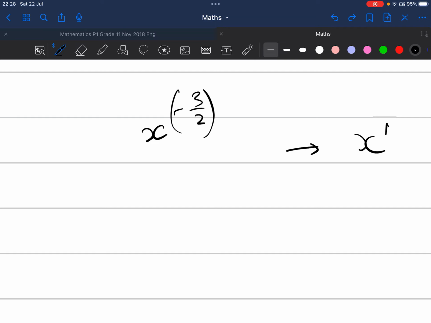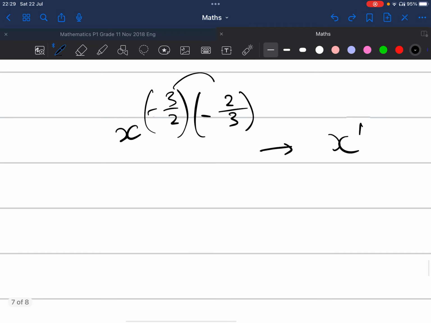Now to make something 1, you basically have to multiply it by its reciprocal. So what does that mean? I take the denominator and make it the numerator, and I take the numerator and make it the denominator. And I keep whatever sign it has. So if it is minus, I keep it as minus.